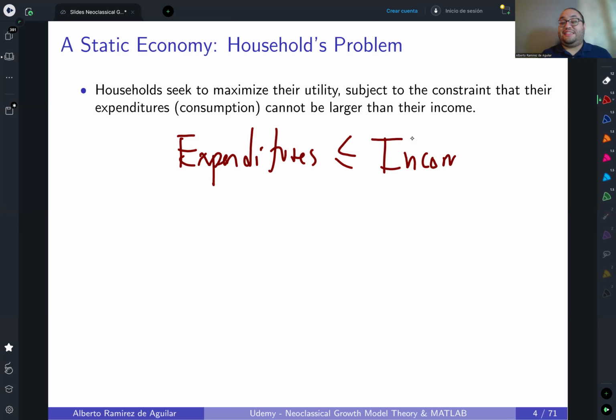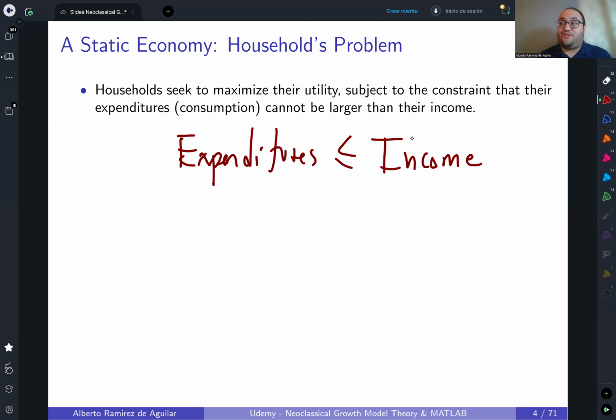Okay. This is a model in which we're thinking of a, and sorry, I didn't mention this before. The reason why it's called a static model is because we're thinking that firms and households will interact in a single time period. We can think of this as a year, and after that, the economy will end. Okay, so there's no tomorrow in this model. Therefore, there's no way for households to save anything, right?